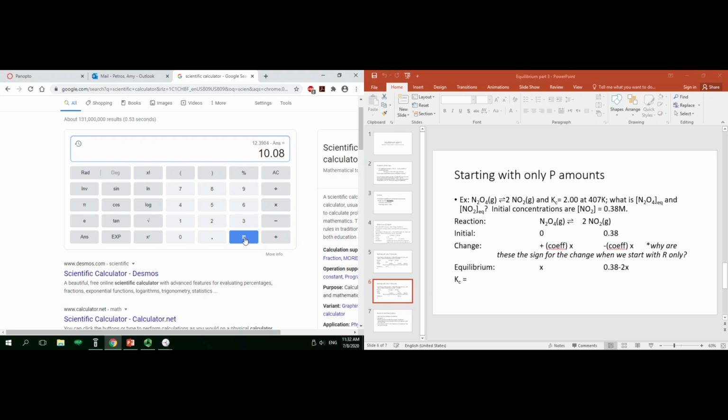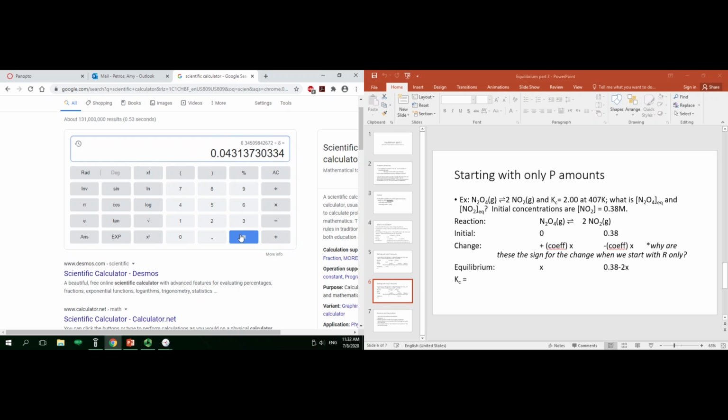Okay, let's see. So the square root of 10.8 is 3.175. Okay, so let's try 3.52 minus 3.175 and divide that by 8.